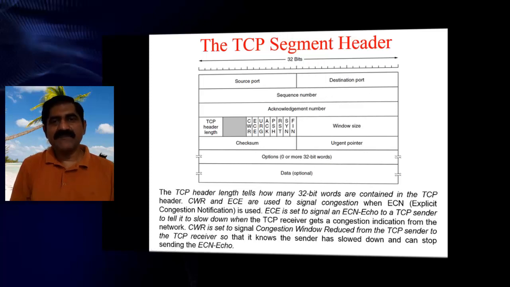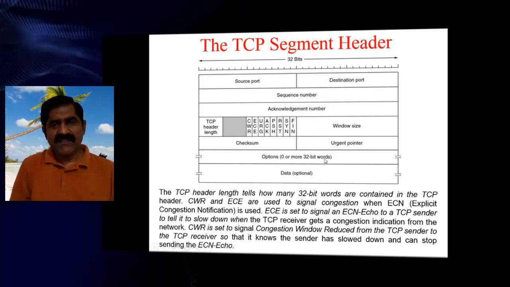If you divide 160 by 8, you get bytes, so it is 20 bytes of fixed header. This 20-byte header is fixed, you cannot change it. For all the segments you are going to transmit, this 20-byte header is fixed.